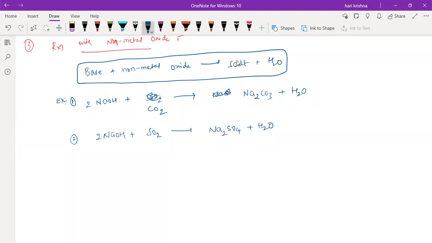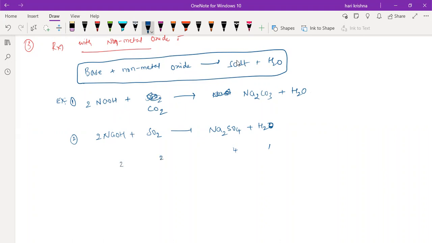Two NaOH, the two Na are balanced. Sulfur only one. Okay, fine. Oxygen here is four, and on the other side there is one, so there are five oxygens. Here there are two.